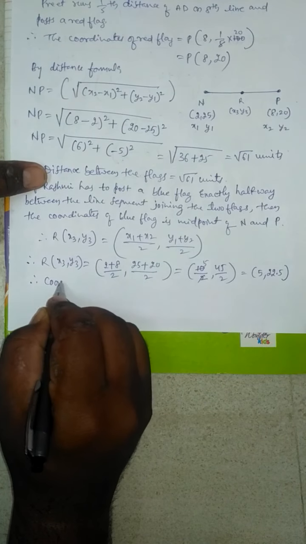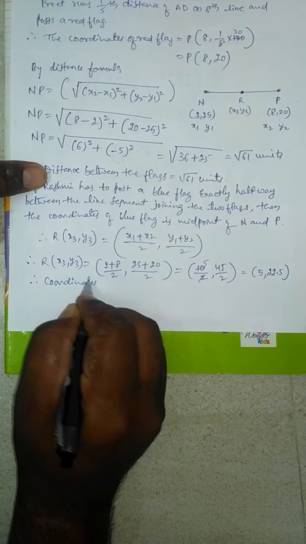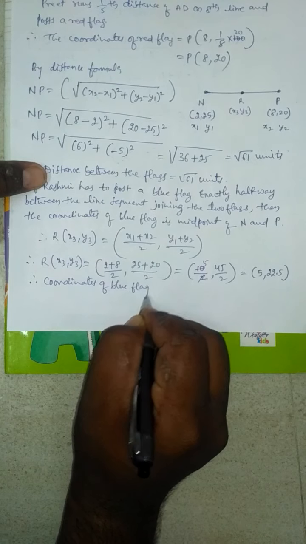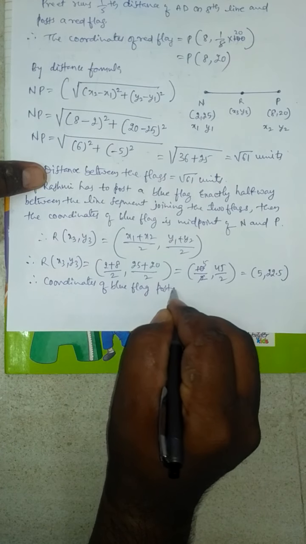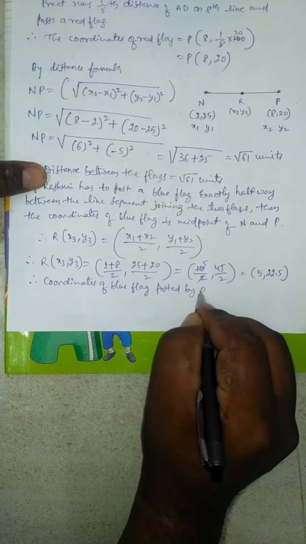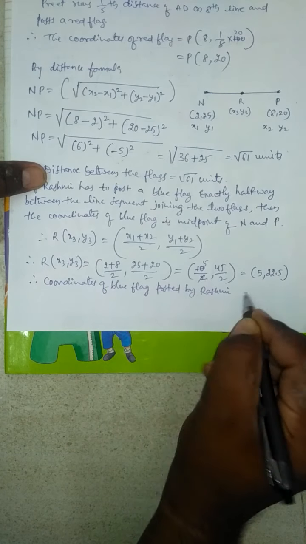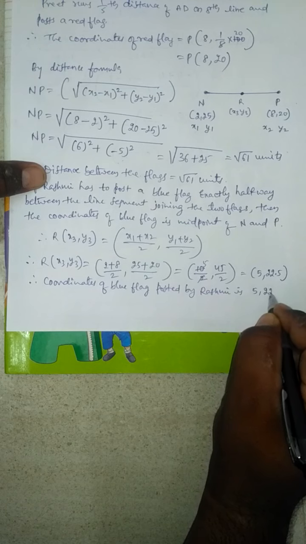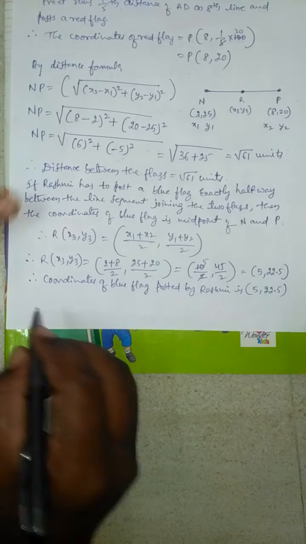Therefore, coordinates of blue flag posted by Rashmi is 5, 22.5.